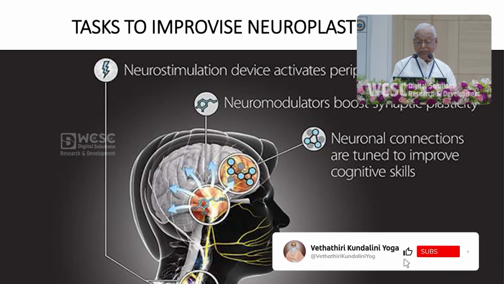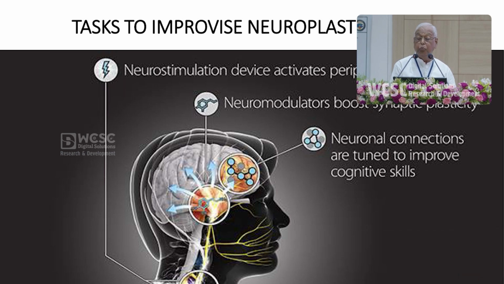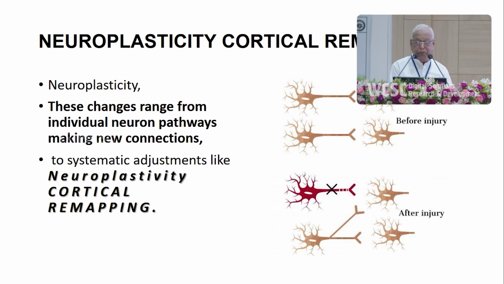When the stimulation is going on, neuromodulators boost synaptic plasticity. That's what Thomas was telling through neuromodulators and synaptic plasticity. And through this, neuronal connections are tuned to improve cognition skills in the brain. In that way, we produce a new neural pathway in the cortical brain.